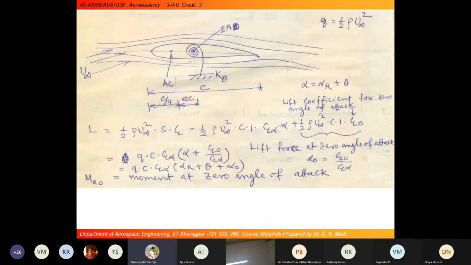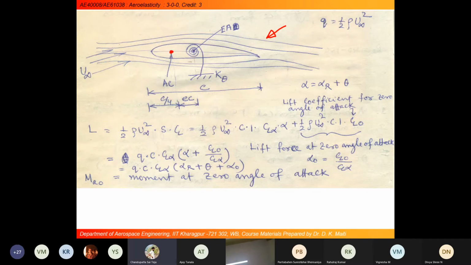Let me come to this aerofoil, whatever we have considered here. Let's say this aerofoil has an angle of attack that we are considering as alpha. Before going to calculation of aerodynamic load, you need to know certain characteristics of this aerofoil. First is the aerodynamic center.